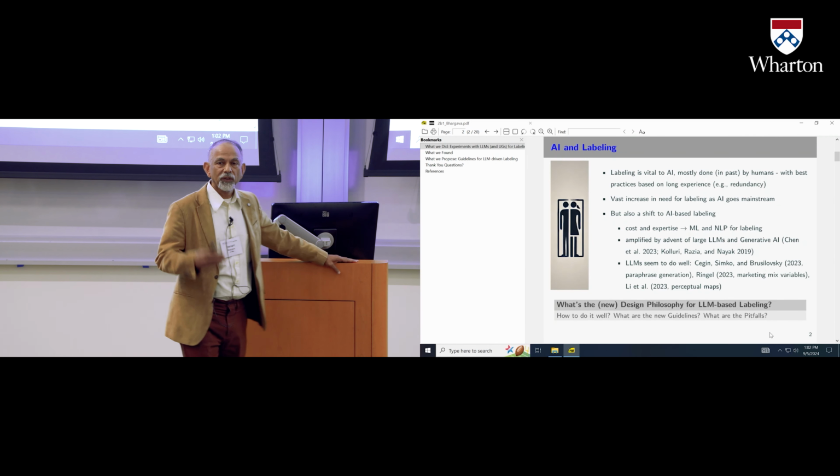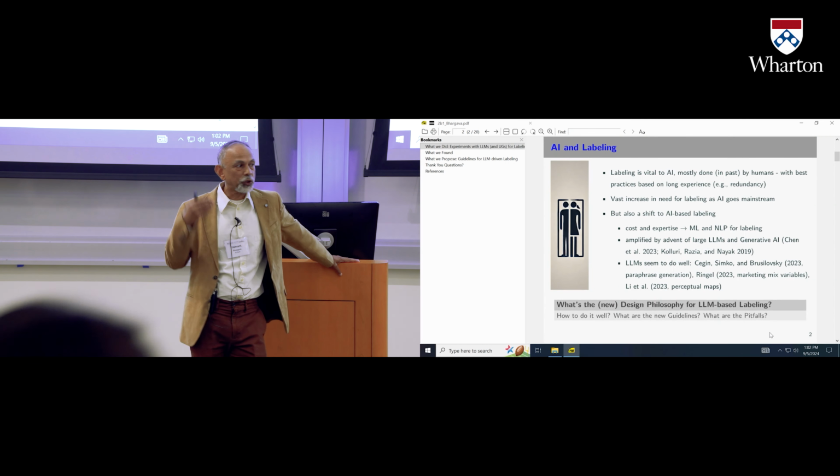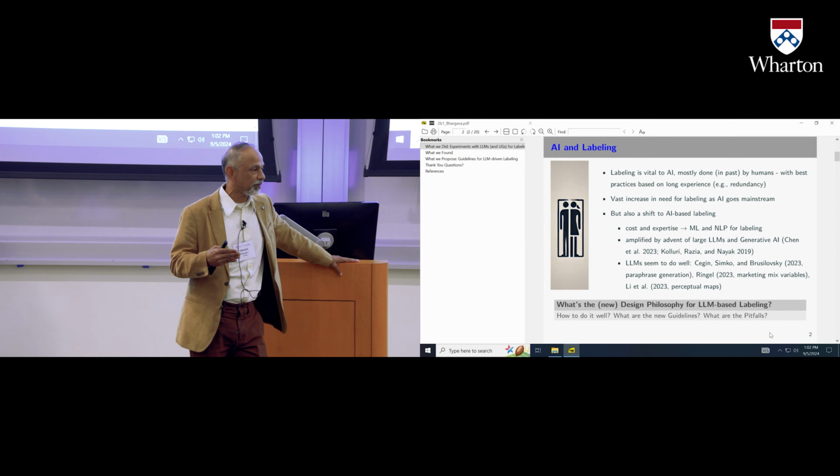All right, so labeling and AI, right? They're sort of joined at the hip. A lot of machine learning and AI depends on labeling. But also, if you look at what has happened in the last few years with generative AI, we now have machines doing the labeling as well, to do more labeling or to enable more AI.